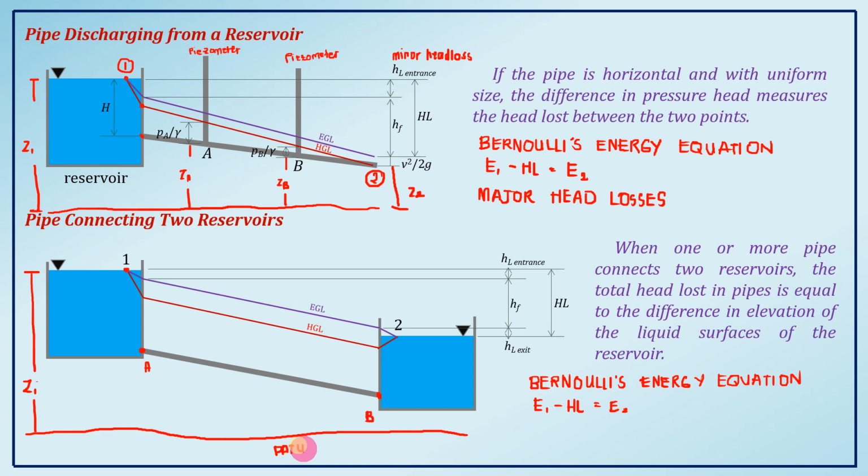From the datum, that is Z1, the surface of reservoir 1, and then our reservoir 2 has its elevation head Z2. There is no pressure head and no velocity head because it is a reservoir. So, what remains in our equation? We have Z1 minus HL equal to Z2. To solve for the head loss, it is just equal to the difference in elevation of your two reservoirs.